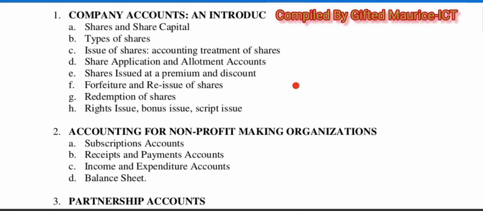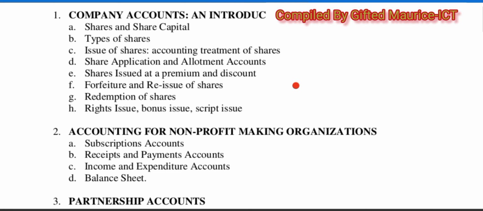So it means you have to pay all the preference dividends before you pay the ordinary dividends. And of course, when we talk about the preference shares, we are talking about those shares that have what we call preference or preferential rights. When we talk about preferential rights, it means they come first when it comes to the payment of dividends, and they also come first when it comes to the liquidation payment.